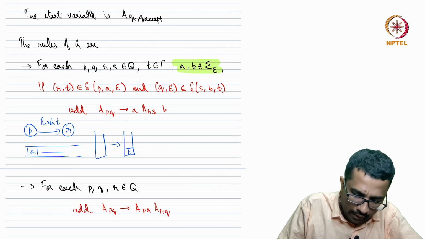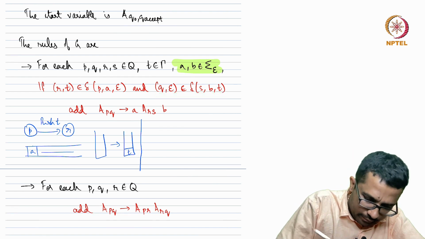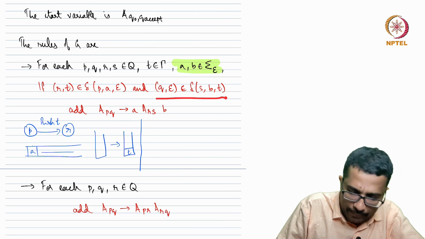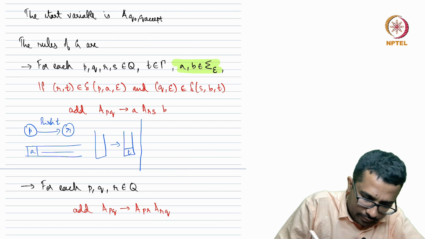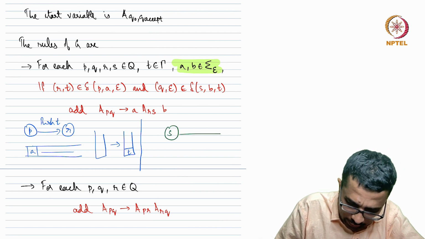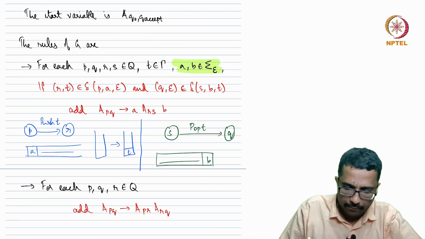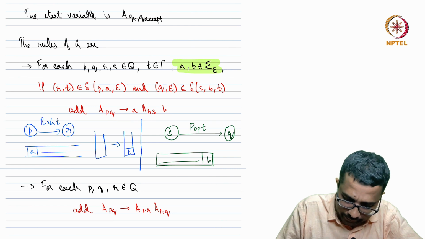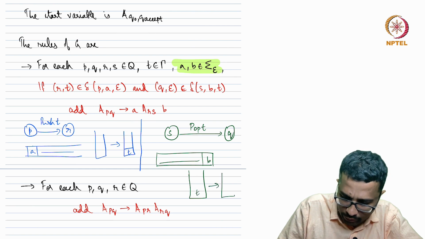If this is a rule, and the next part is if Q epsilon is in delta SBT, meaning from the state S you are able to pop T and go to Q, and you have read some parts of the input and the symbol that you are now reading is symbol B. Let's say you have T in the stack, you want to remove the T in the stack.